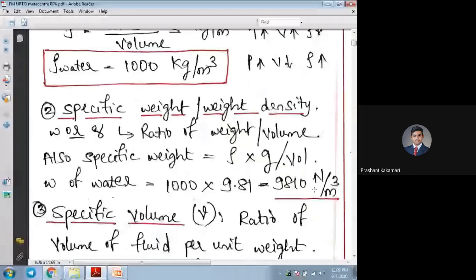All of you know, for a given meter cube, what is the mass? 1000. And to convert this kg into Newton, we have to multiply by 9.81. 1000 is already in kg per meter cube, so we just have to multiply with 9.81. This will become Newton per meter cube. So just note down these points: the ratio and the values for the standard liquid, water.